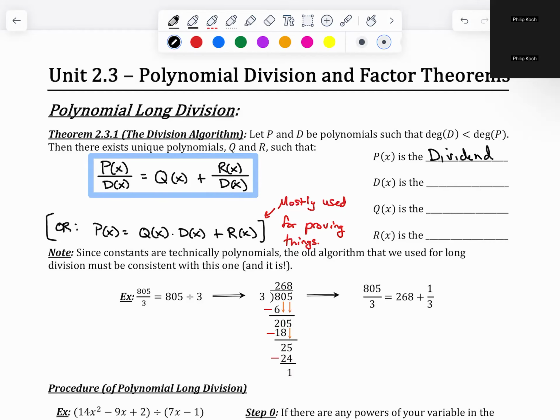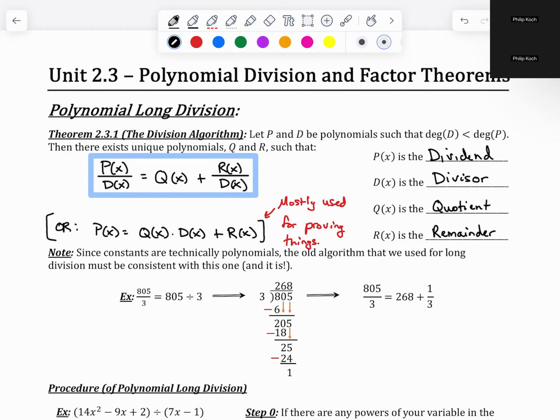I can't think of a good reason why it's called the dividend, but mathematics is weird sometimes. D of X, the thing that you're dividing with, is called your divisor. That name makes sense. Q of X is your quotient, and R of X is your remainder. In particular, your dividend polynomial, your divisor polynomial, your quotient polynomial, and your remainder polynomial.